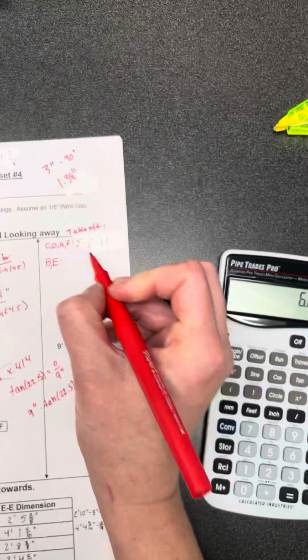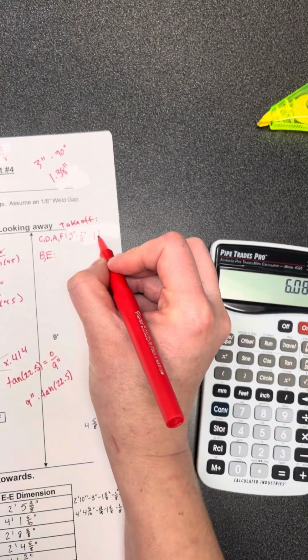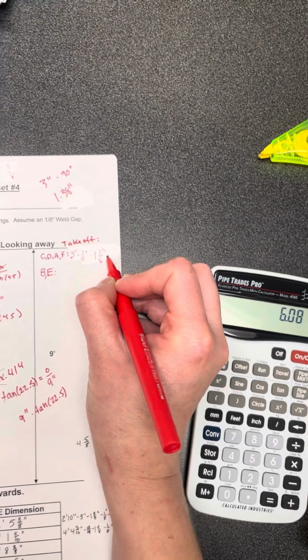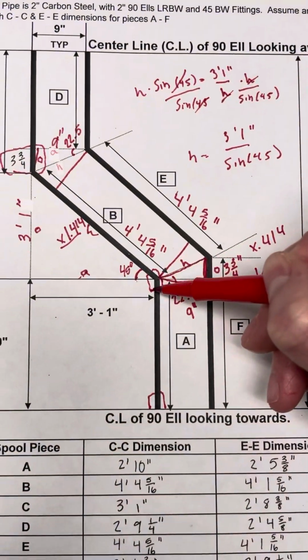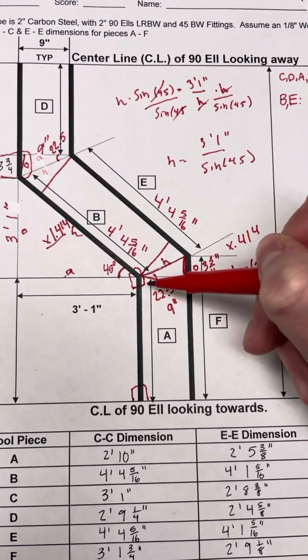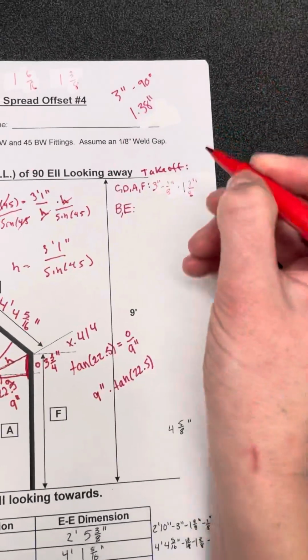And then again, at that 45-degree fitting, we're still going to have to take off that 1/8 inch weld gap where we're connecting the pipe to the fitting.